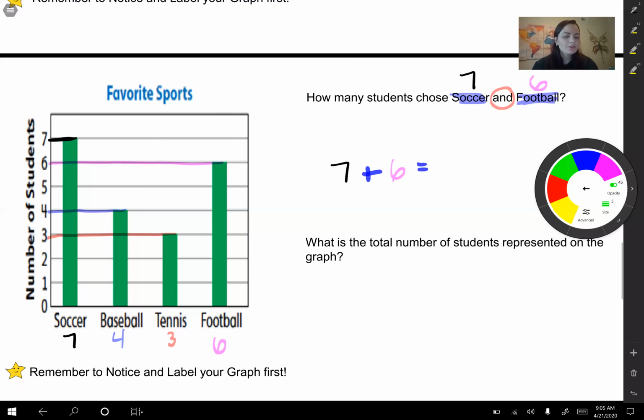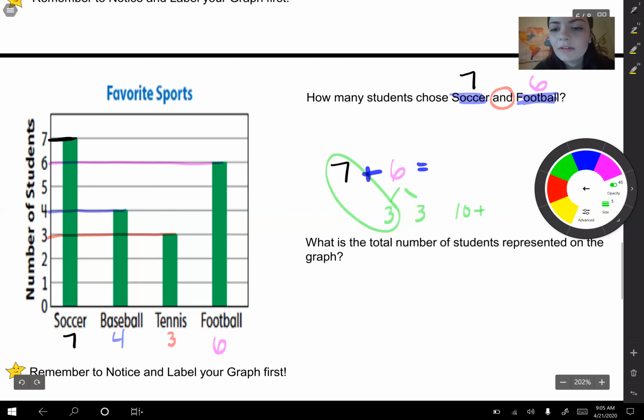Well, we can do our strategy of making a 10. So if we take away 3, and then we have 3 left, we have 10 plus 3, and we get 13. Right? Okay.